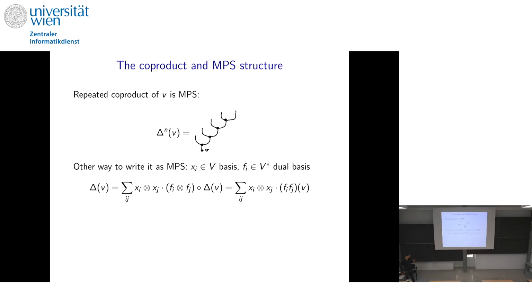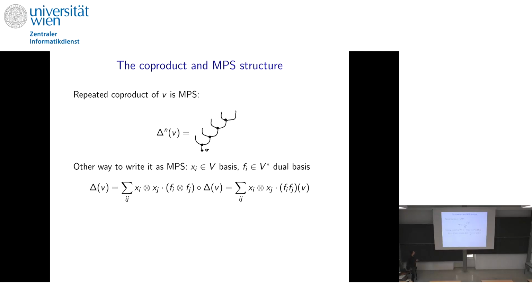Now if you remember the slide, I told you that this V star has an algebra structure, right? And the product in this algebra is defined exactly through this expression. So I can rewrite the coproduct of the element as the sum over i,j of x_i tensor x_j times f_i times f_j.